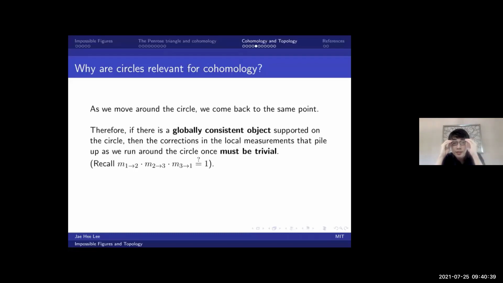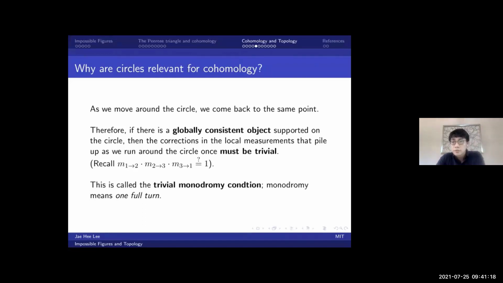So that's the necessary condition for an object defined on a circle to be globally consistent. Indeed, in our Penrose triangle example, we had these three numbers, the scaling factors, which measured the corrections as we move from one partial image to another partial image. The product of those three numbers has to be one. And we were asking if that number was one or not. So that's the necessary condition for the object to be globally consistent, right?